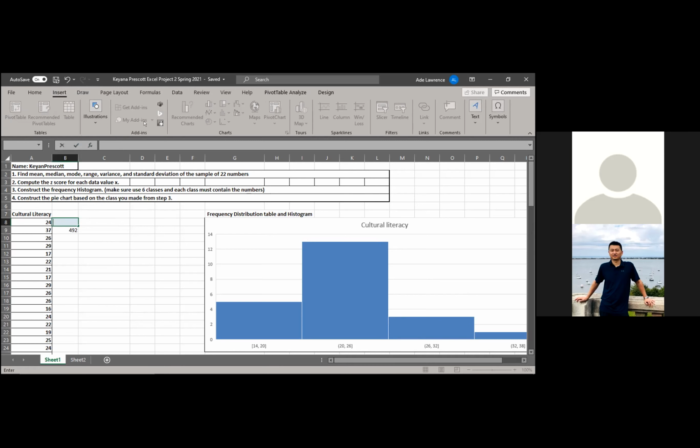It's next to design, on top, on the same row as insert, draw, page layout, formulas, data, review, view. Yeah, right. PivotTable Analyze.